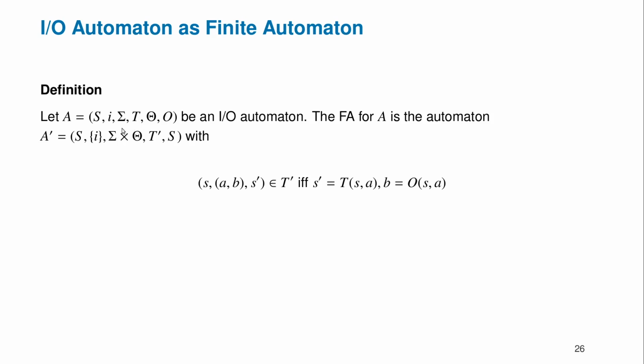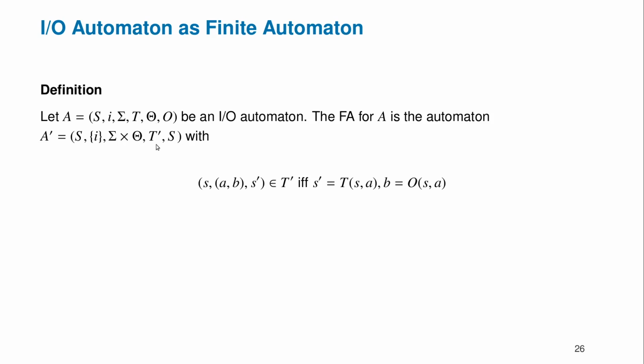And what we do is we encode this into the alphabet of A prime, and the alphabet is now the cross product of sigma and theta. So we have pairs of input symbols and output symbols as the alphabet of A prime.